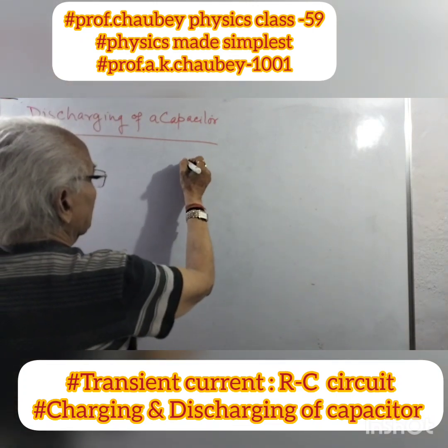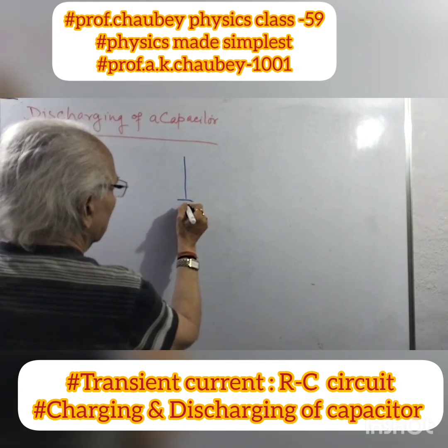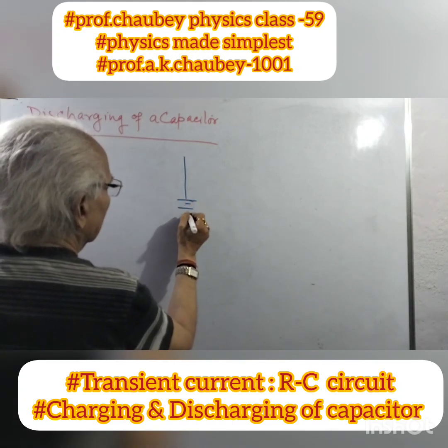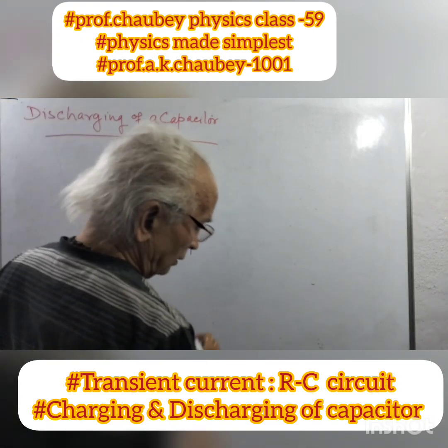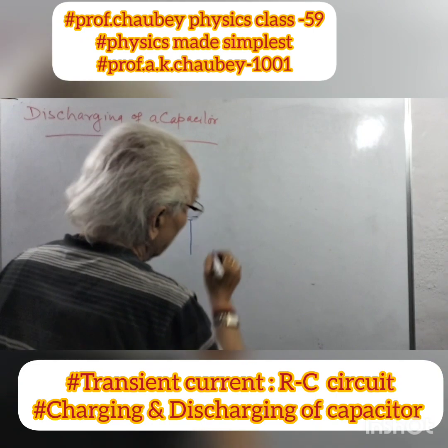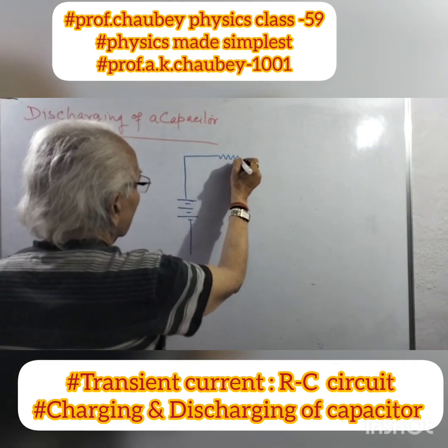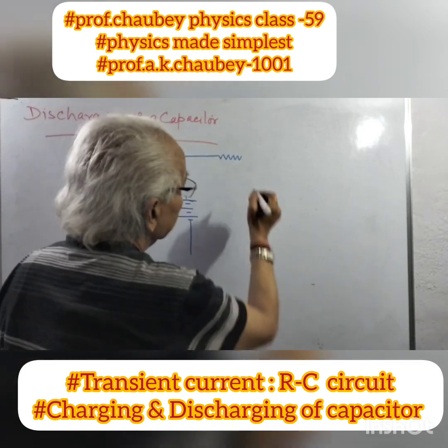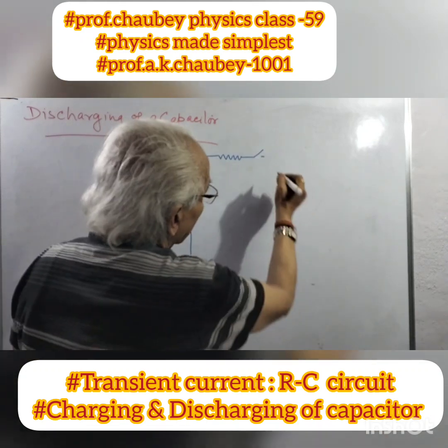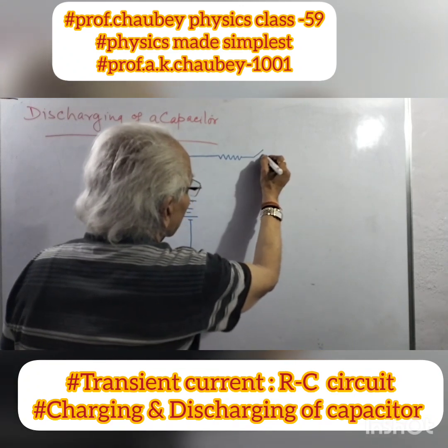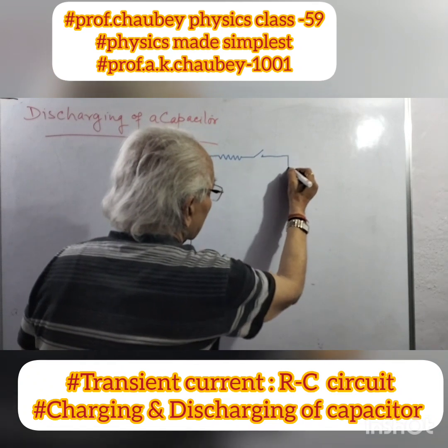We will make a circuit here. This is the battery for charging, and here we have the resistance R. We have a key here, and then we have a capacitance.